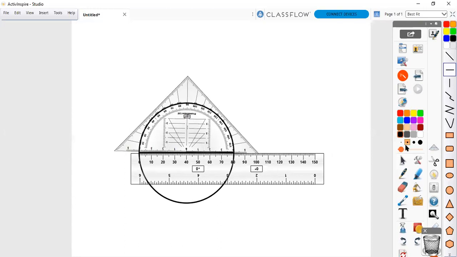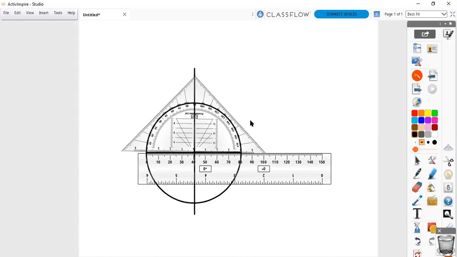For example, mark one point like this, and you can draw this line which will be passing through the 0 point, right? Like this.